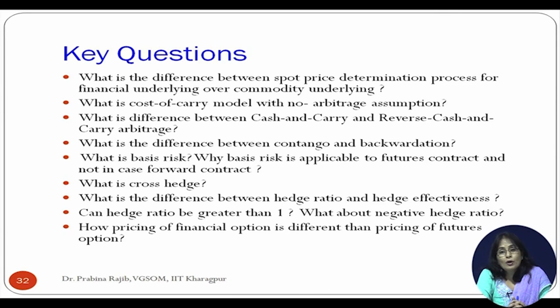I also asked this question already and we have answered it: can the hedge ratio be greater than 1? And my second question, what about a negative hedge ratio, I am yet to discuss. However, I am leaving it to you to read and find the answer, whether the hedge ratio can be negative. If so, what would be the trader's strategy?